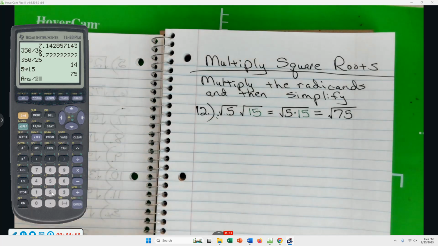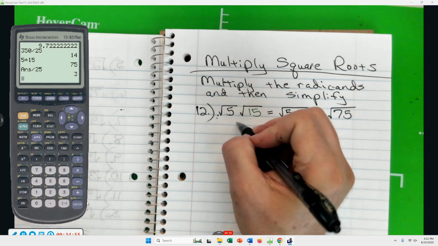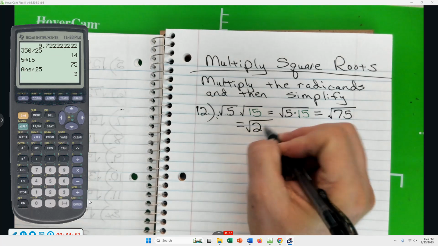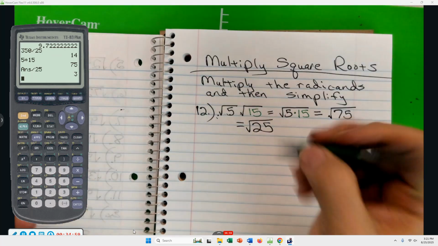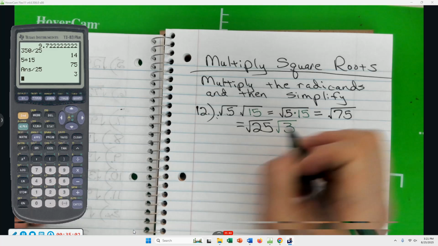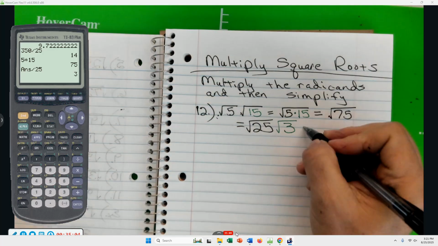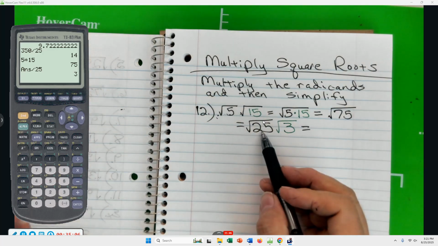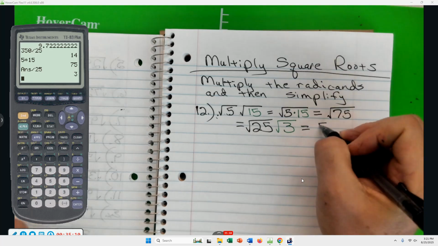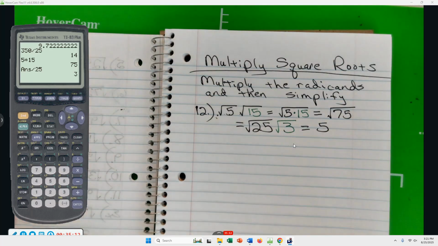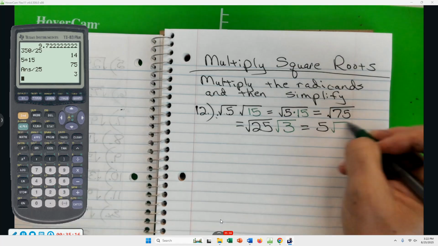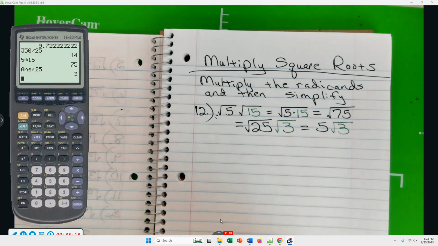So here's how you're thinking of it: the square root of 25 times the square root of 3. And we know the square root of 25 is 5. And what do we do with that 3? Let's leave it. Keep it under the radical for 5 square roots of 3.